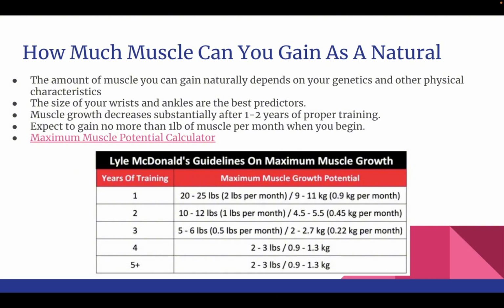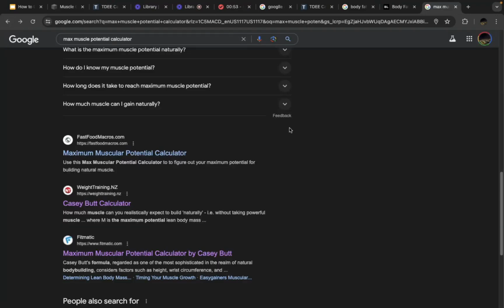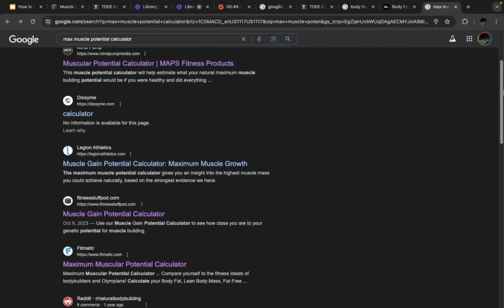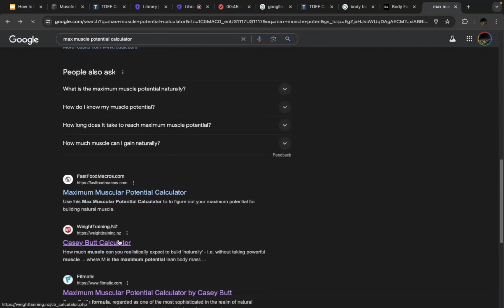So if you look here at this maximum muscle potential calculator, I'll use this one to determine the maximum amount of muscle you can build naturally. I literally Googled max muscle potential calculator and scrolled all the way down to the one that says the Casey Butt calculator.